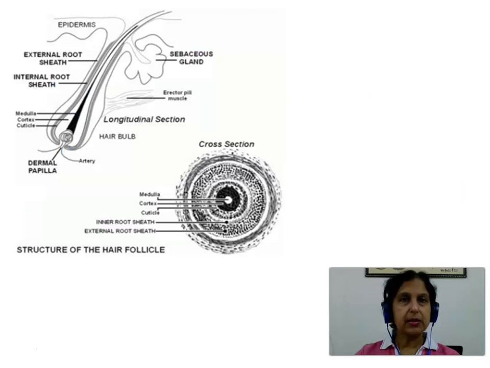This here is a picture showing us the hair follicle which surrounds the hair root, and if we take a section at this level, the cross section appears like this.